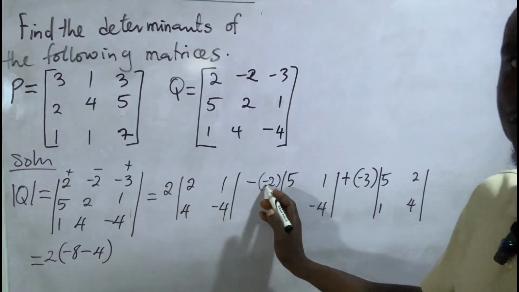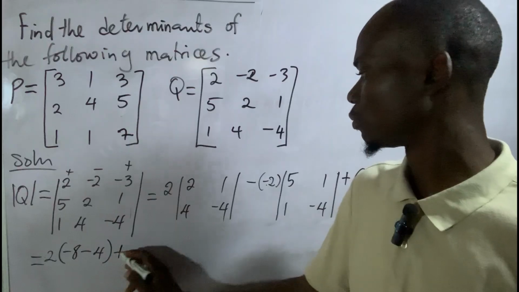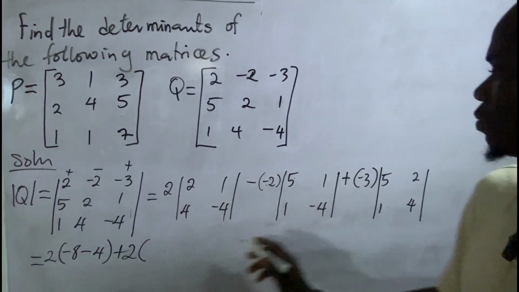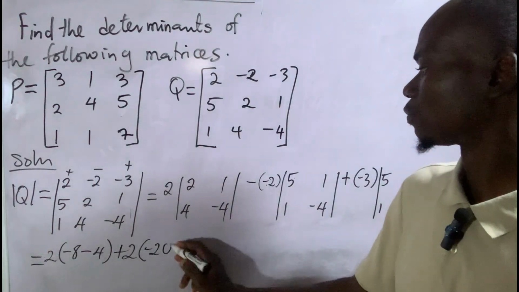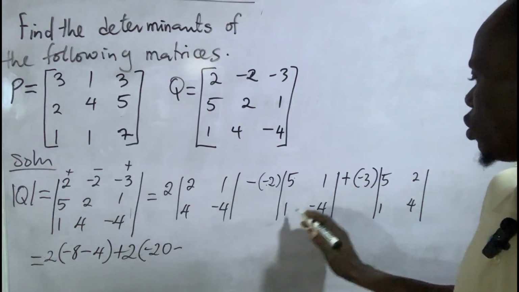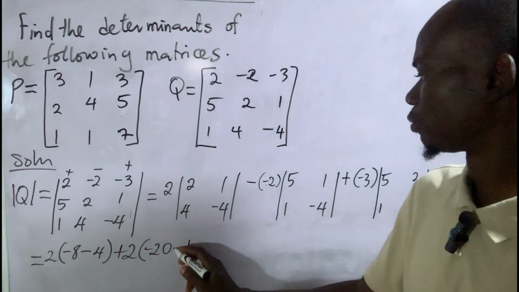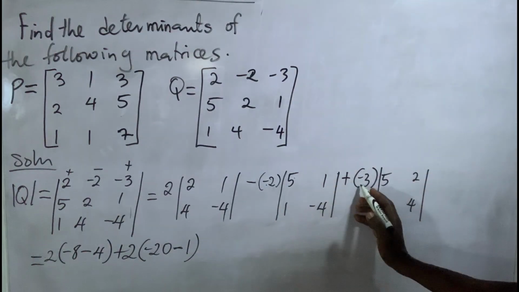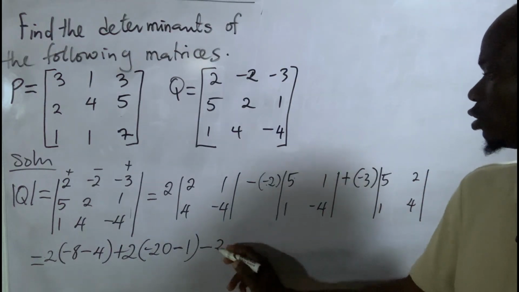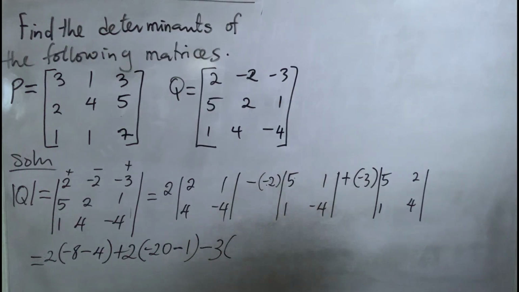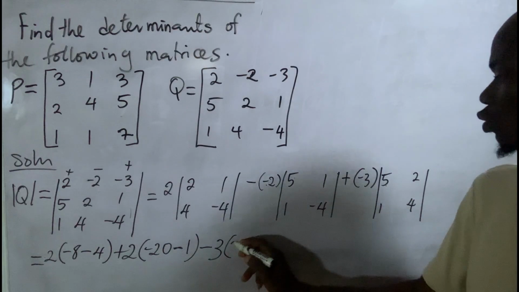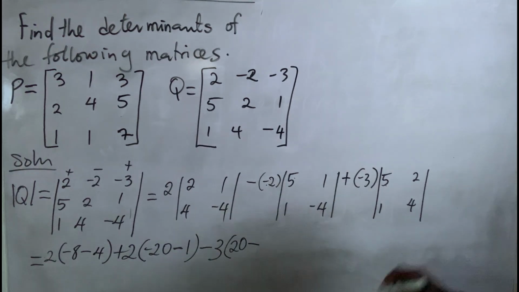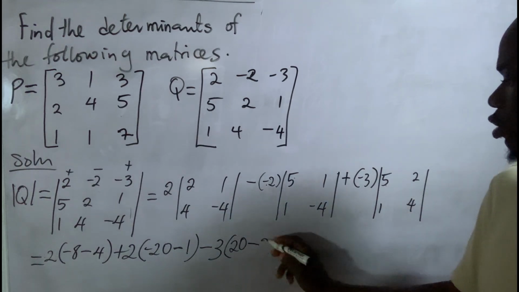Minus is plus, so I have plus 2 into 5 times minus 4 is minus 20, minus 1 times 1 is 1. So I come to the next one. Plus minus is minus, so I have minus 3 into 5 times 4 is 20. Don't forget to write your minus before you go back. 2 times 1 is 2.